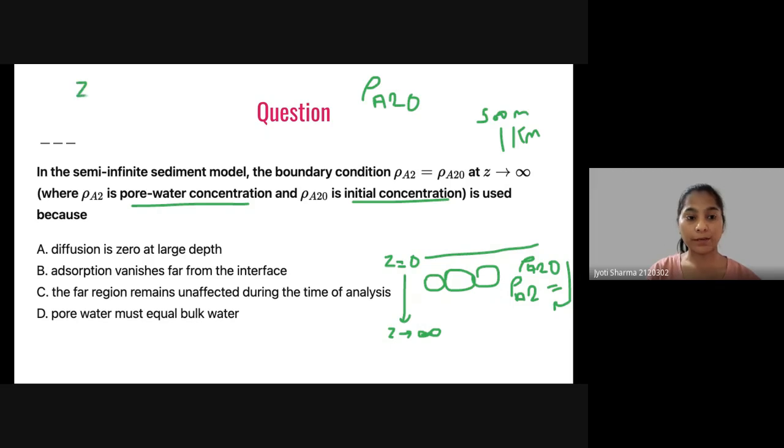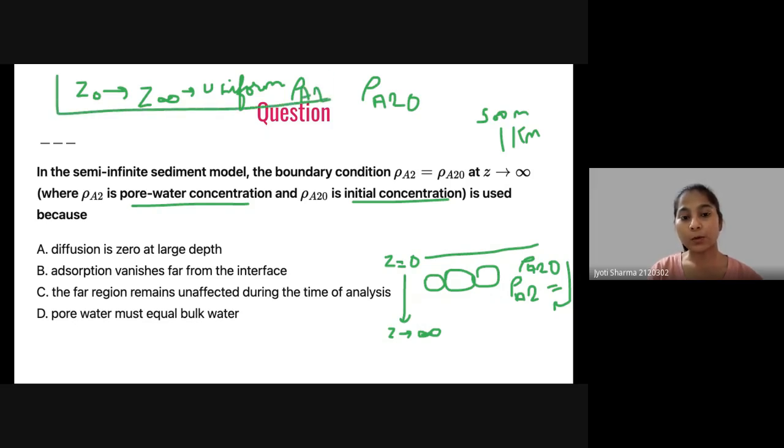So initially, from z equal to 0 to z infinity, we have uniform concentration, right? We do have uniform concentration of A in the pore water. This is the assumption we have to simplify our equations.